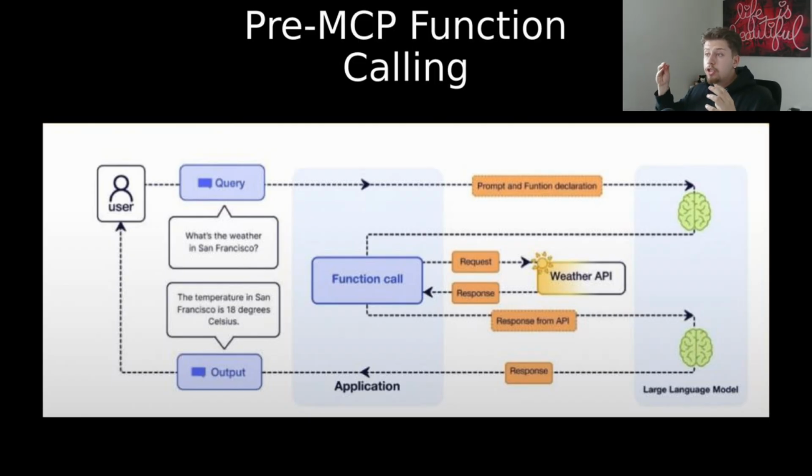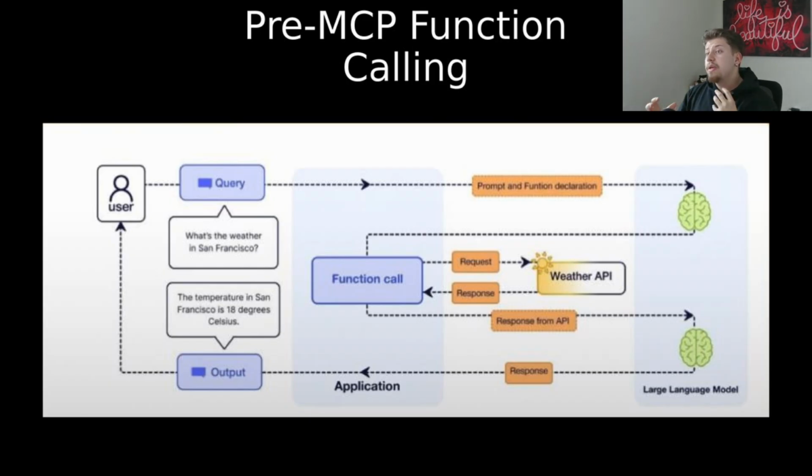Then it basically responds back as an output to me, right? So in this case, the LLM basically works with the weather API in the background. But as we mentioned, if the application owner or the team decided to upgrade or change their API schema, what's happening is the LLM side of things needs to update and align with that API call, which is a lot of maintenance and management to do, right?